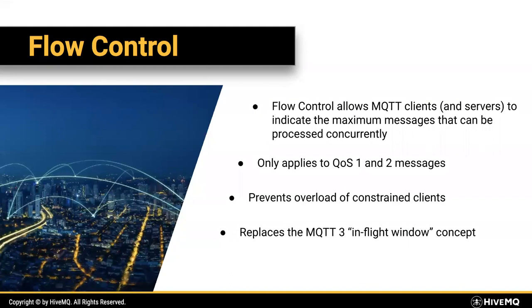So this is really a good way of making sure that you don't have single clients which produce too fast or can't cope with the amount of messages sent by the server. Some people know the in-flight window concept in MQTT3, and flow control basically replaces this and is a much better, more robust way to do this.